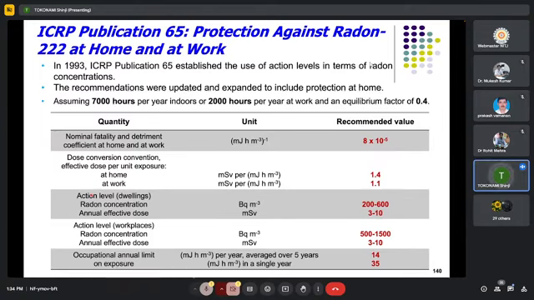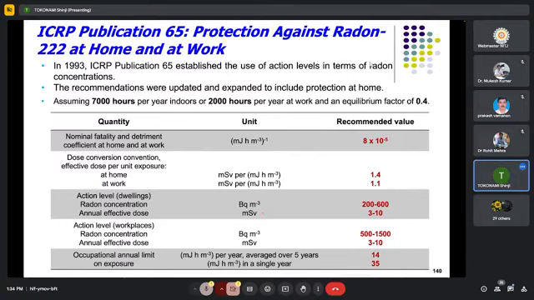Regarding action level in homes, radon concentration should be set at 200 to 600 becquerel per cubic meter. If we calculate the dose using these radon concentrations, annual effective dose was estimated to be 3 to 10 millisievert per year.